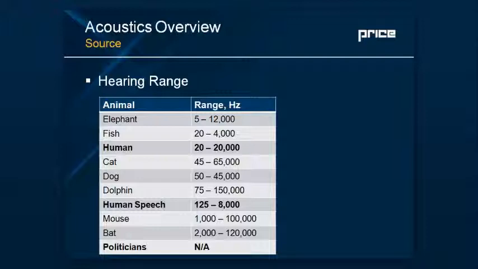Human speech is between 125 and 8,000 hertz, so these are the bands in which we're very sensitive. 1,000 hertz is actually where we're the most sensitive. Again, as we get older, too, the lower frequency range also deteriorates, so we can't hear that low frequency noise as well.